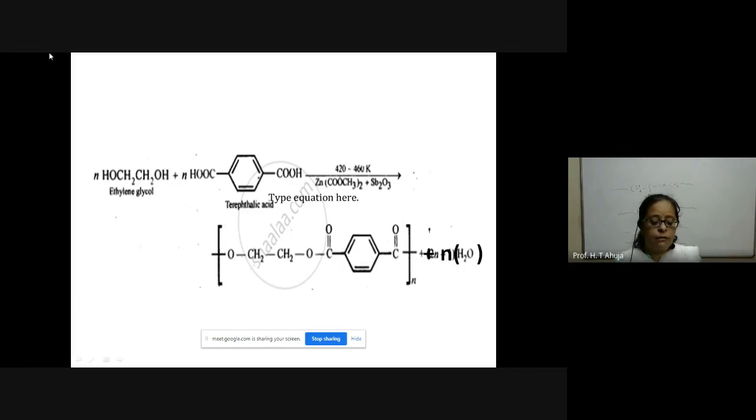Likewise, we have taken n number of ethylene glycol and n number of terephthalic acid. They undergo condensation and we have the formation of a polymer.